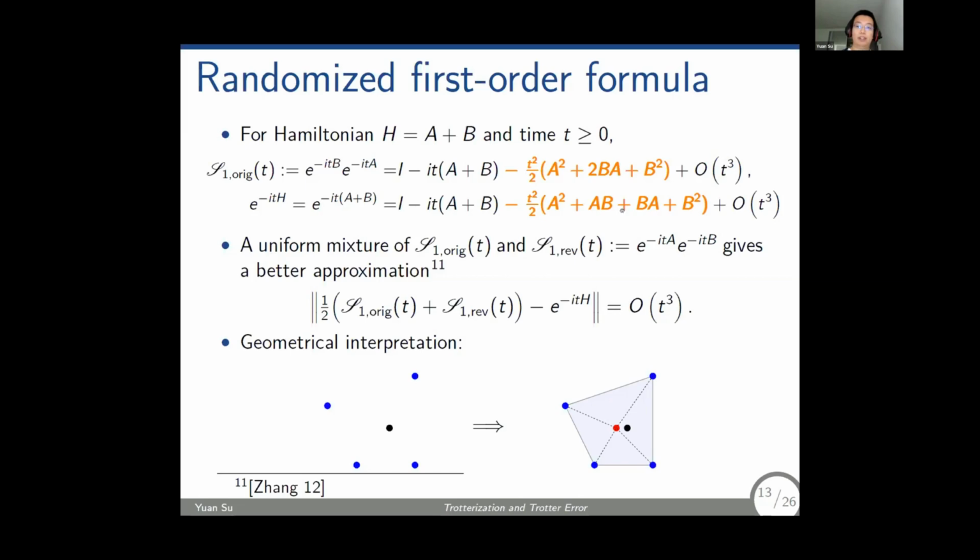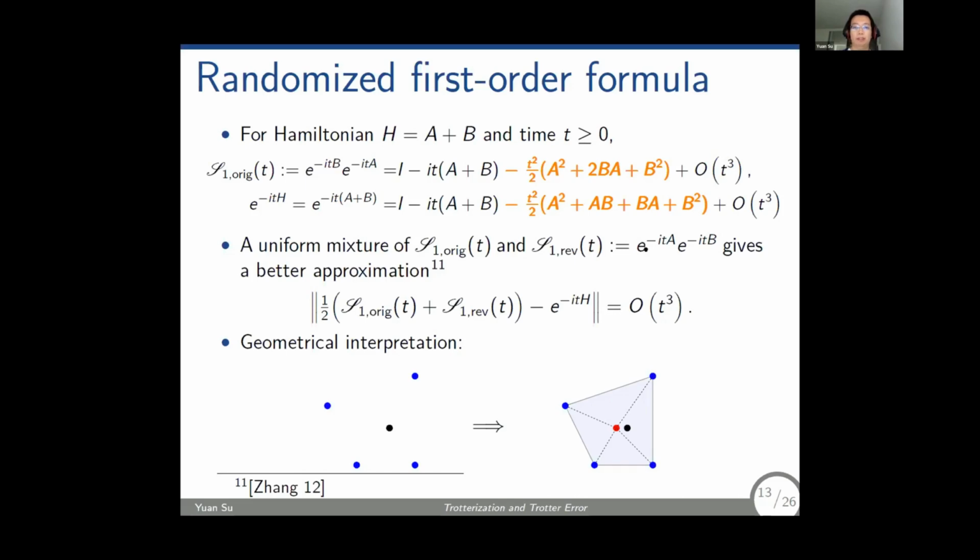Well, in general, matrices do not commute with each other, so you can't cancel the second order terms. But something that you can do here is you can say, let's try to introduce a reversed version of the Trotterization. So instead of performing this e to the A, e to the B, why not try reversing the order? Let's try to exponentiate B first and then exponentiate A.